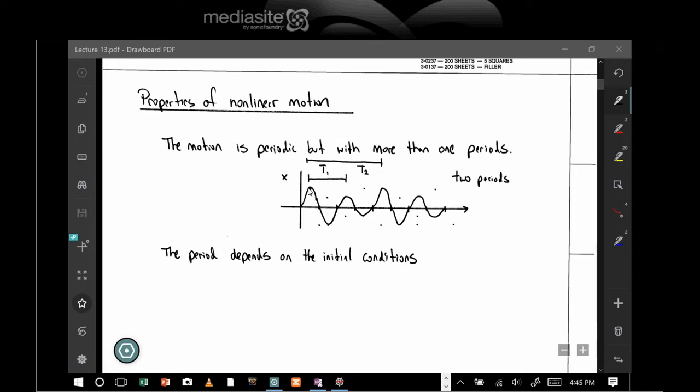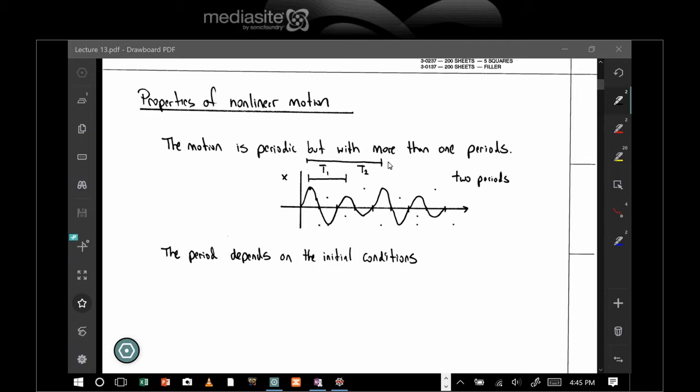Notice it goes high, high, low, low, high, high, low, low. And so you notice there's actually two periods here. There's a period from the high peak to the low peak, and there's another period from the high peak to the high peak. So that's what I would call period 2. And so you could have multiple. You could have period 2, period 4, and so on. So that's a property of nonlinear motion.